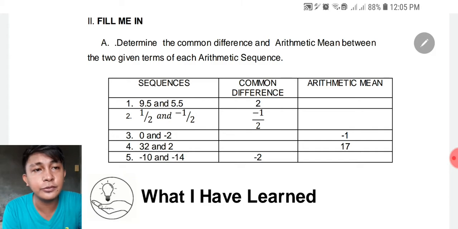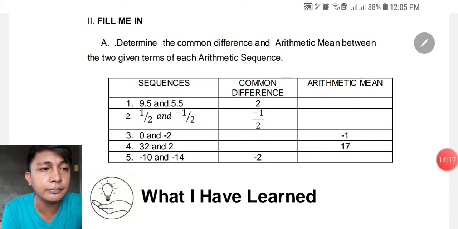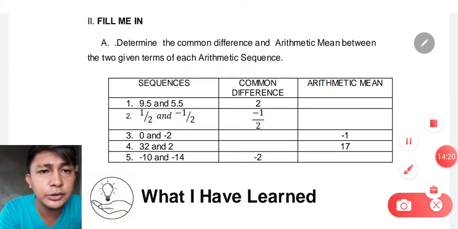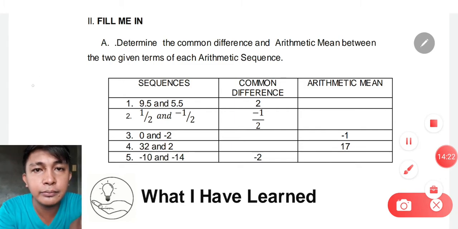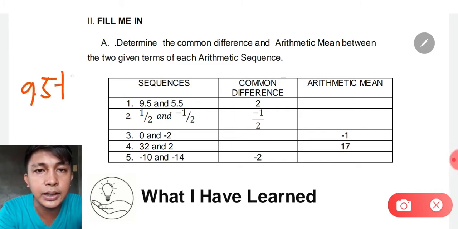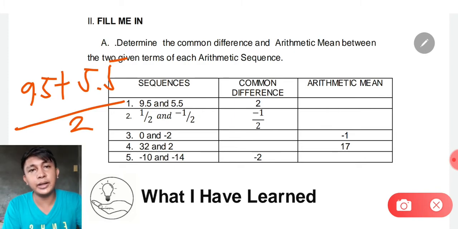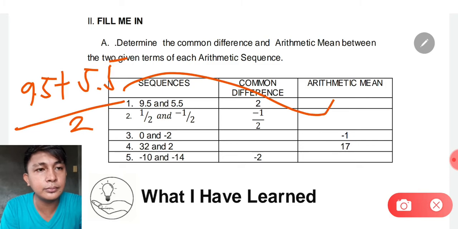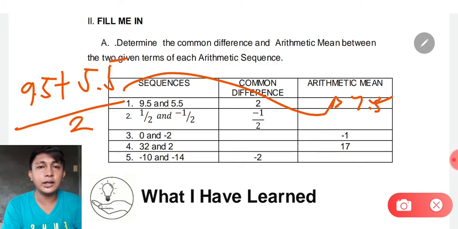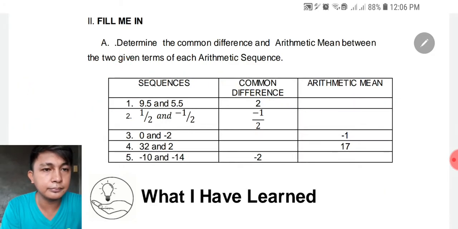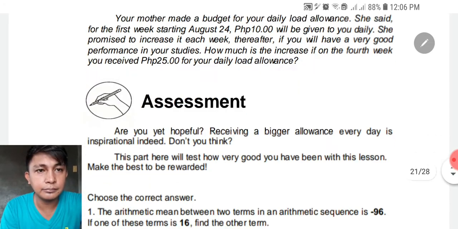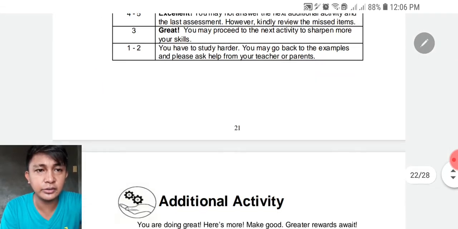Divided by 2, we have 7.5. As simple as that. The assessment there is easy.